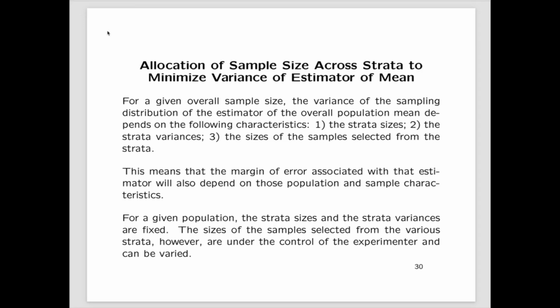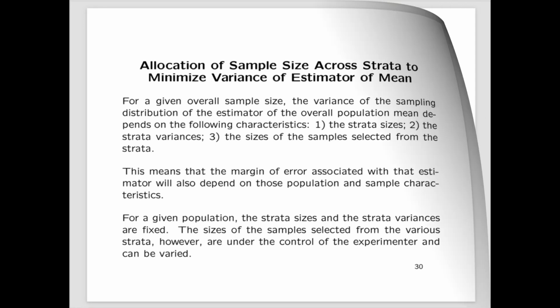Now, this means that the margin of error associated with that estimator will also depend on those population and sample characteristics. For a given population, the strata sizes and the strata variances are obviously fixed.